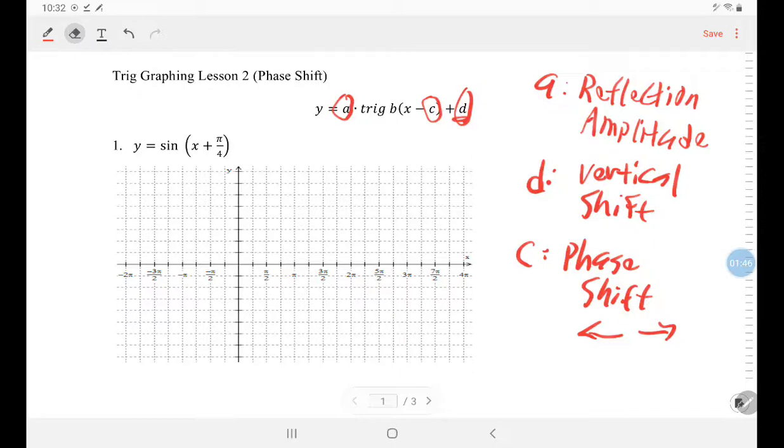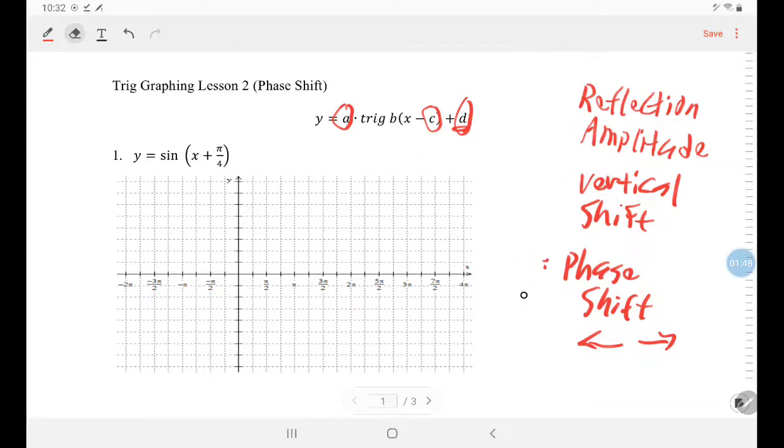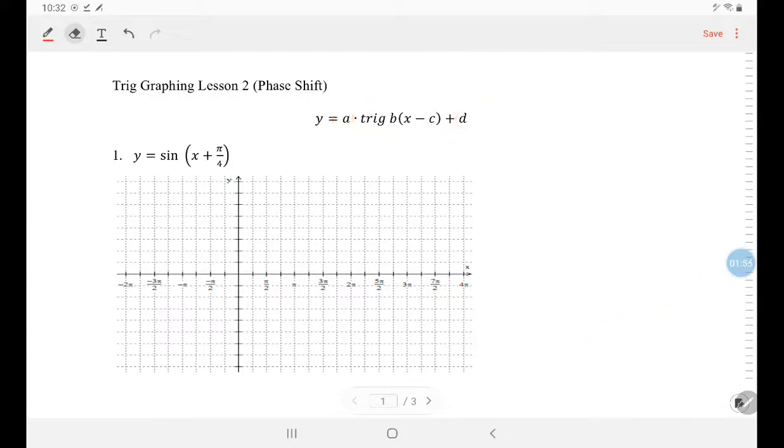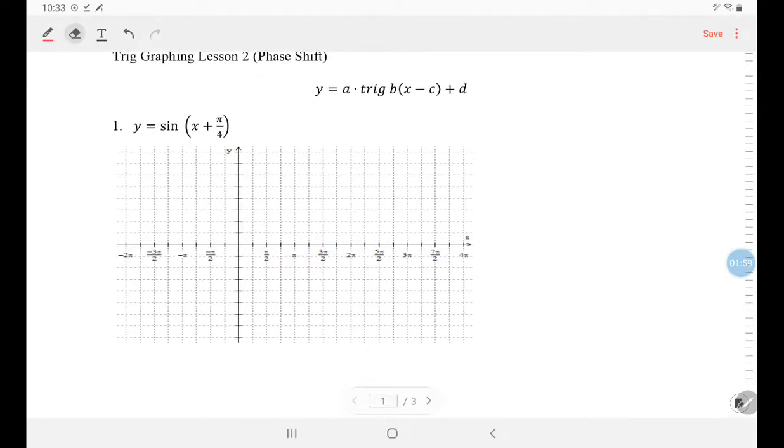So let's do a little erasing here and take a look at some of these problems and see if we can come up with some nice graphs. Again, if you know your parent functions, this should be pretty easy. Let's start here. I know that the sine is periodic. It's going to continue on and on and on. Its domain is negative infinity to infinity. I just want to graph one cycle.